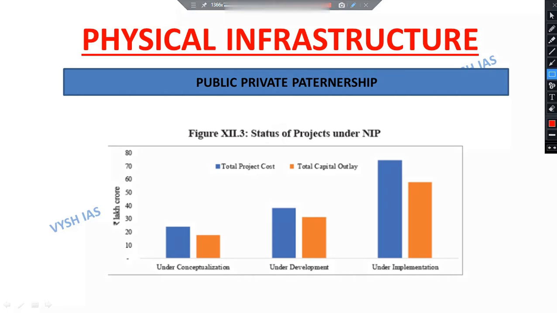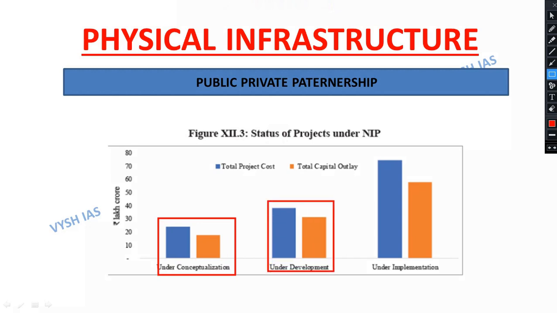So here we can see that under conceptualization, the total project cost is greater than the total capital outlay. Similarly, under the development part, the same pattern is followed, and under the under implementation part, the same pattern is followed. So what we have learned from this graph is that the under implementation part is dominating the status of projects under NIP.